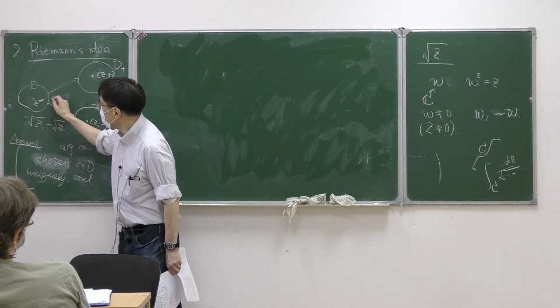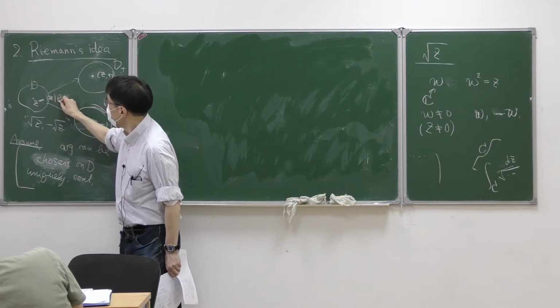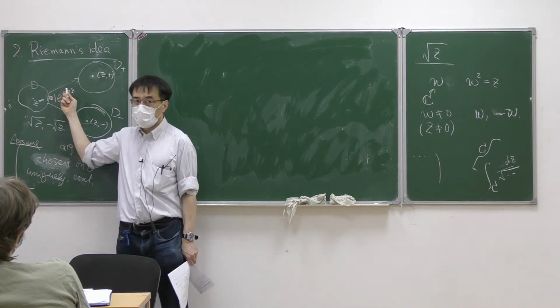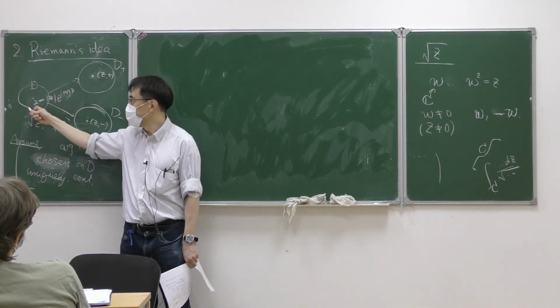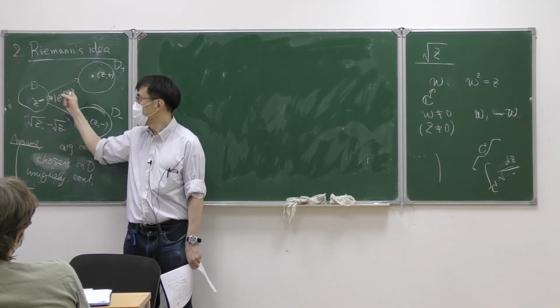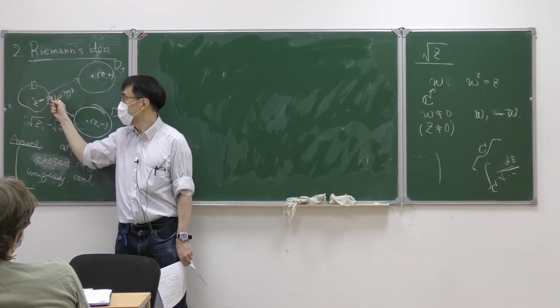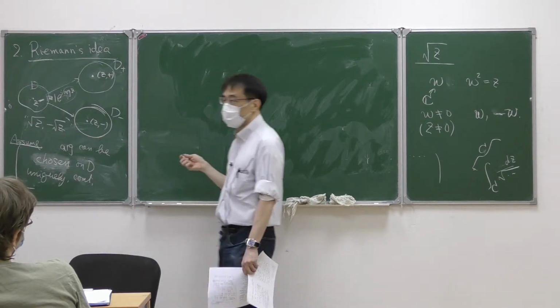So we can reasonably choose the argument of z so that this part is a continuous function.